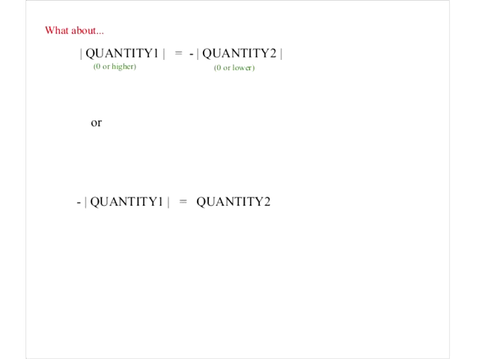So this is not really going to be much of an issue here. This is only going to have a solution if both of those quantities are 0. So again, this one is only going to work if both quantities are 0.